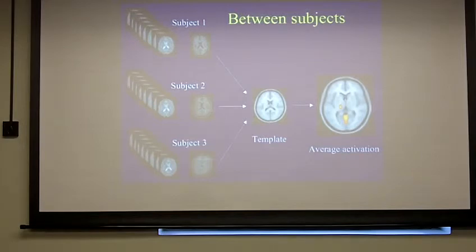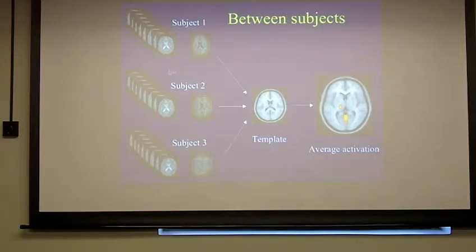So this is about putting everybody's brain into a standard space, a space and template. This template, and these are different. This is a typical situation in fMRI, where you work on different subjects' anatomical images, and then you get the warp.